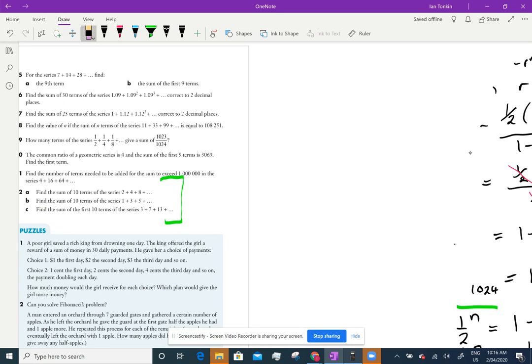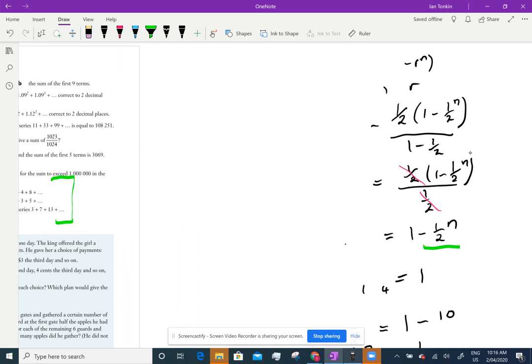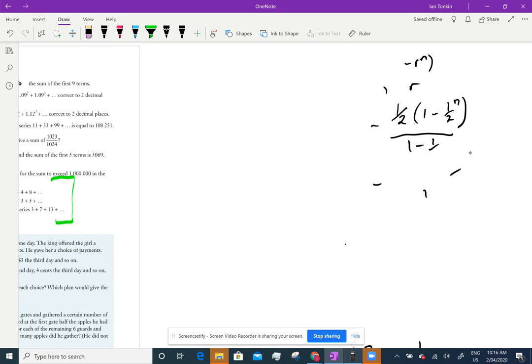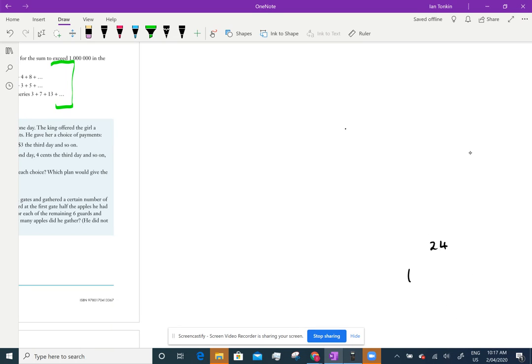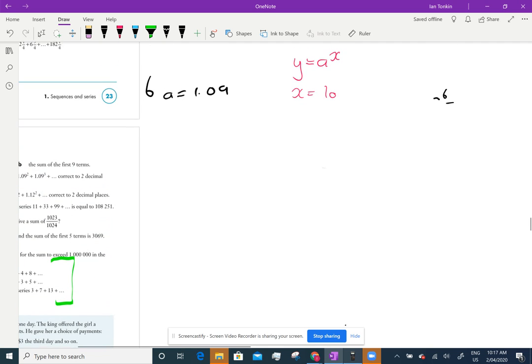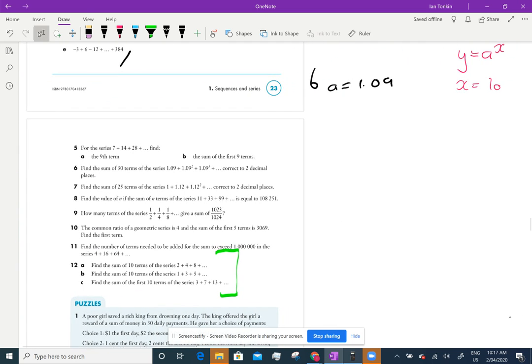Now, they've given us two series here. Okay, find the sum of the first 10 terms of this series. Oh, so 12a is pretty easy.